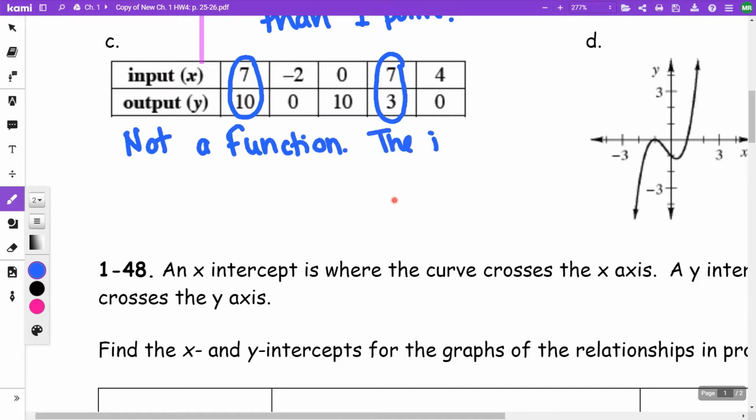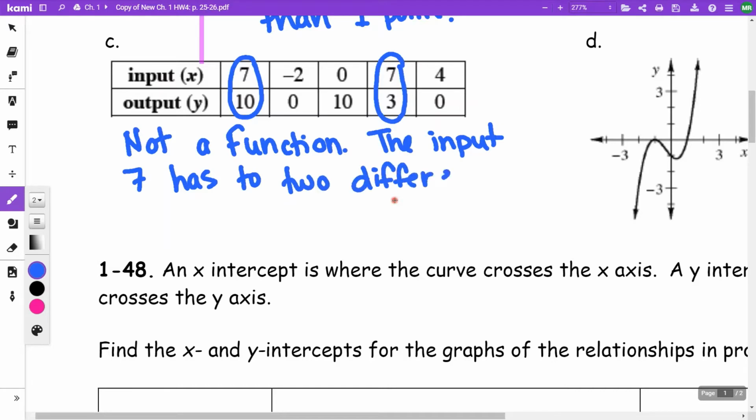The input 7 has 2 different outputs, 10 and 3. And that cannot happen.